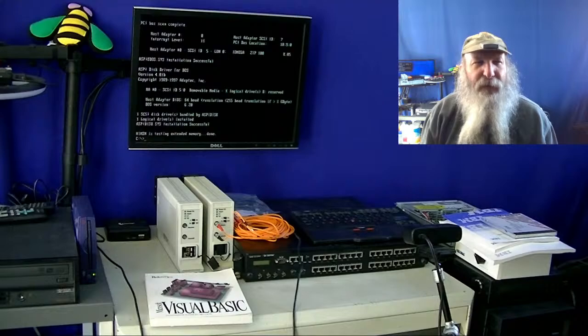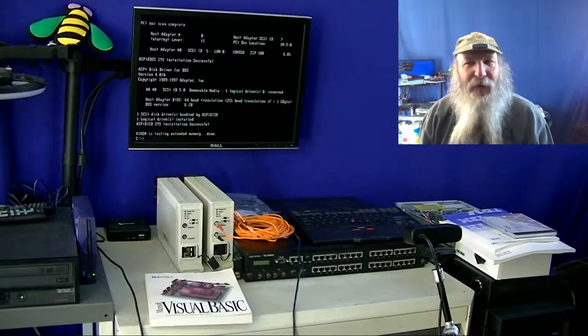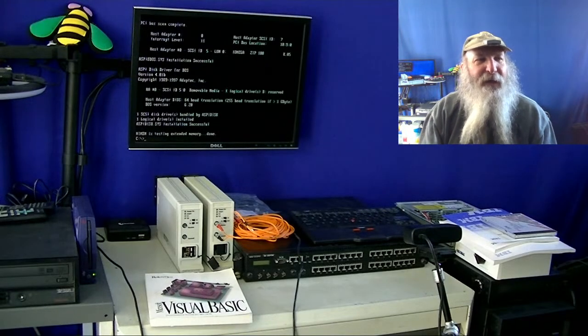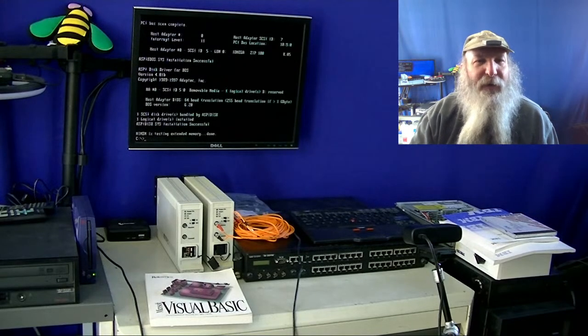So sometimes the 72-pin SIMMs are easier to sort on the IBM side, based on the presence detect scheme that IBM used.